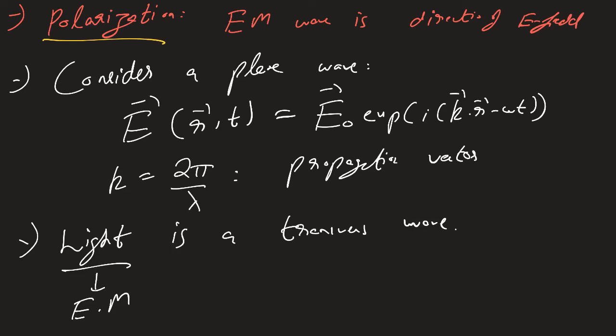We know that light is a transverse wave. So that basically means that the dot product of the electric field E of r,t with the k vector must be equal to 0. And for the sake of our example, let's assume that light is propagating along the z-axis.